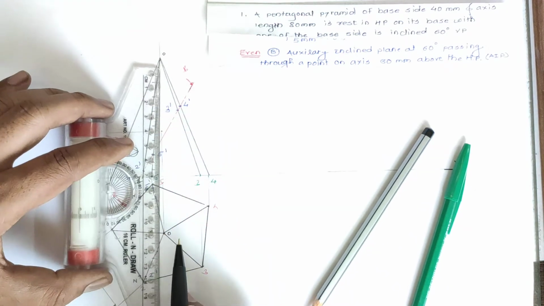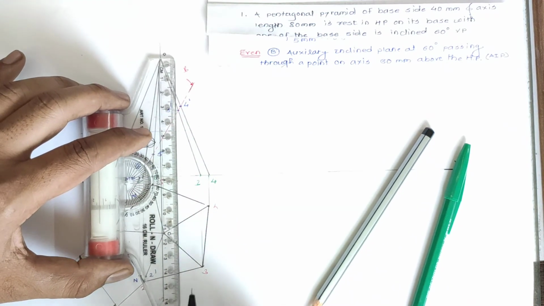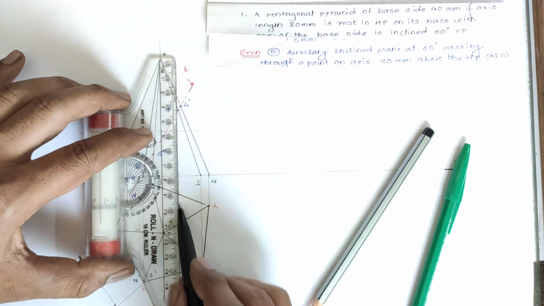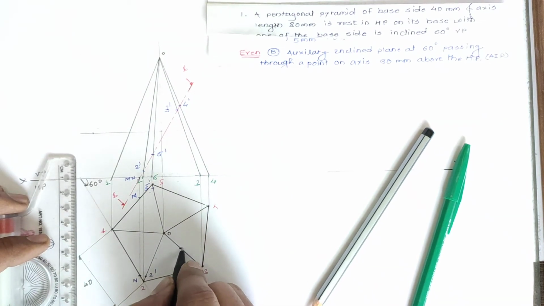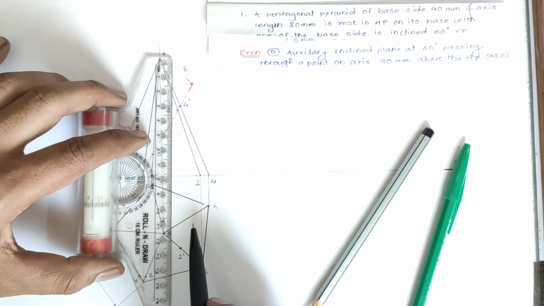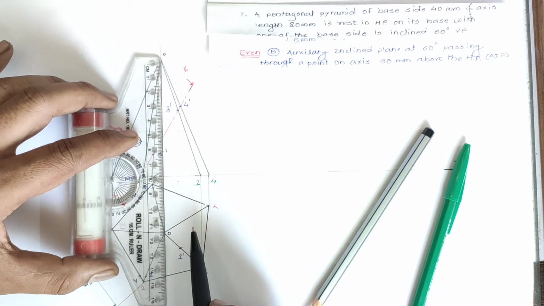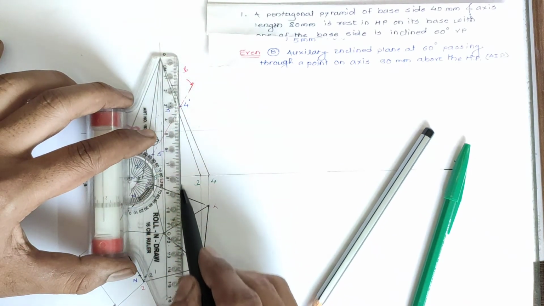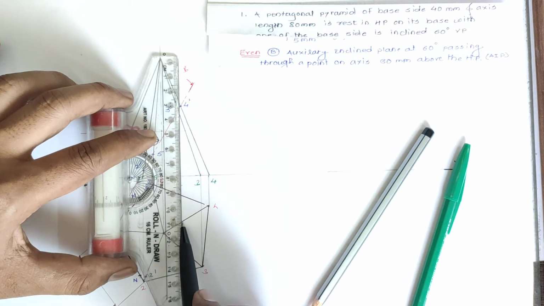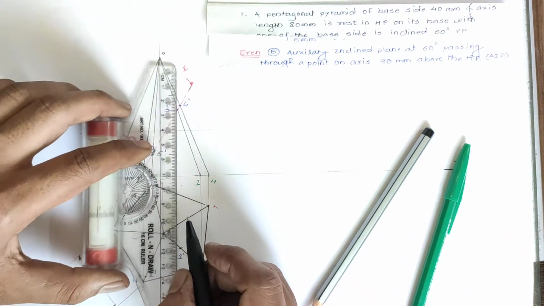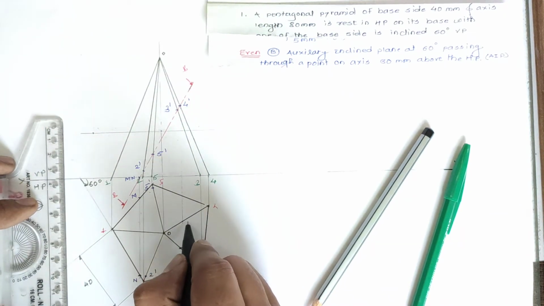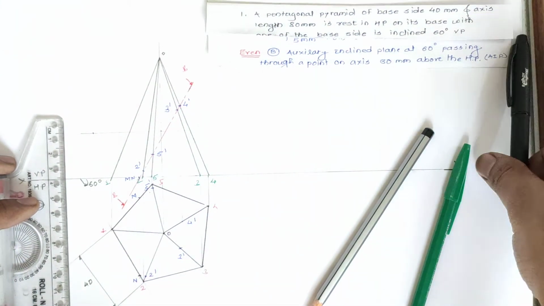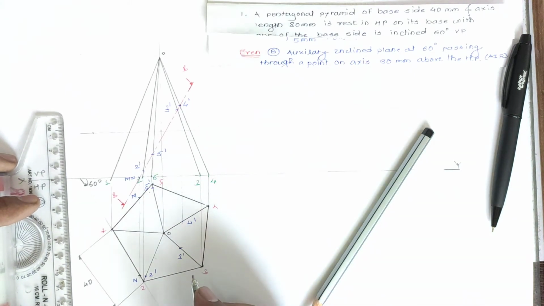For 3, take the vertical projection line on the O3 slant edge, this point we call 3 dash. Finally 4 dash is present on O4. Connect all these points with straight lines.